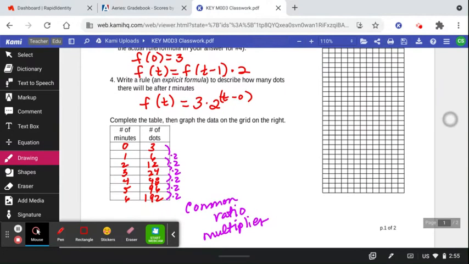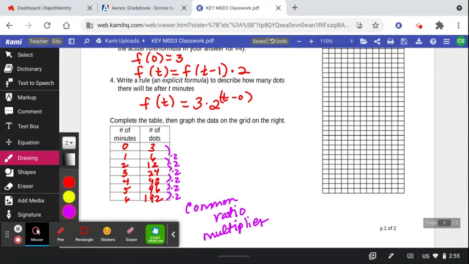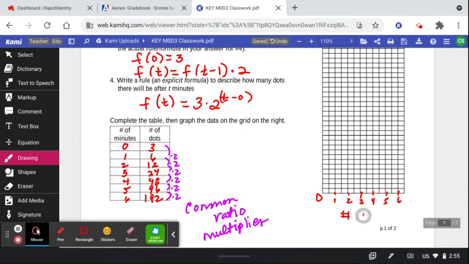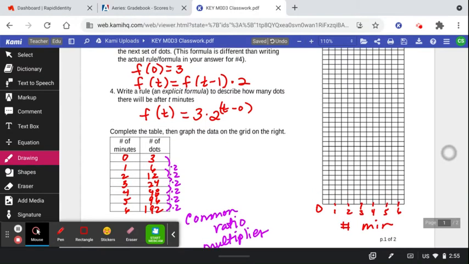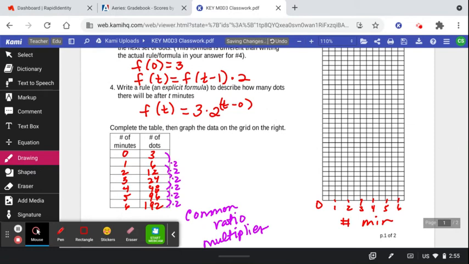Okay, so doing our graph, we've got to label the x-axis down here at the bottom. I'm going to go 1, 2, 3, 4, 5, 6, and down here is the number of minutes. And then going up the side, we need to get up high. We need to get up to at least 96 or 192.